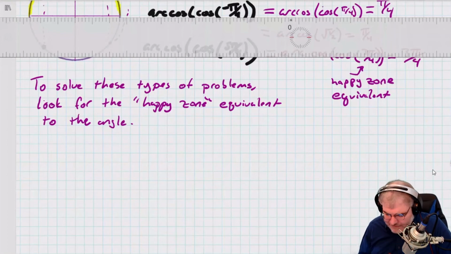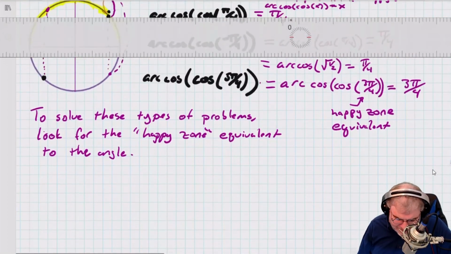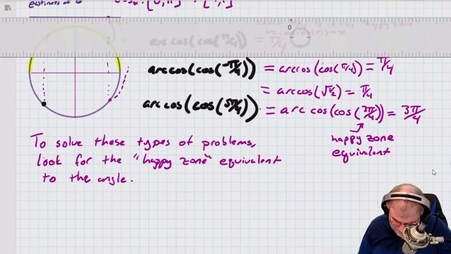It makes you think about the fact that these are not true inverses. Arc cosine is not a true inverse for cosine, right? Because cosine's neither 1 to 1 nor onto. I have to kind of make an equivalent.